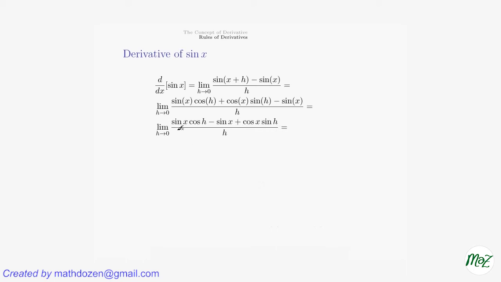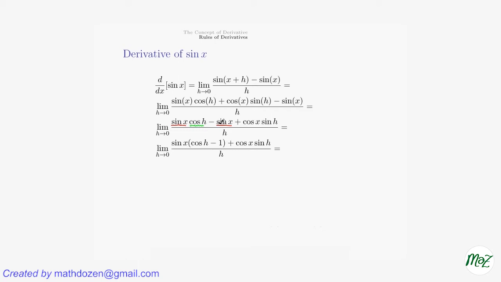Then we notice that the first two terms have a common factor of sine x. So we can factor sine x out of the first two terms. We're going to be left with cosine h for the first term.